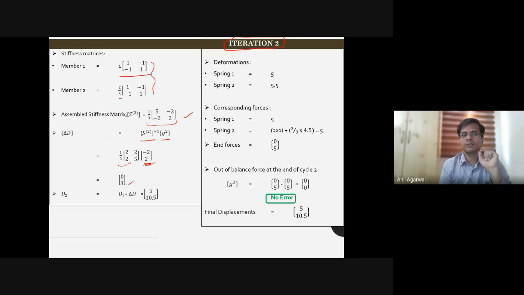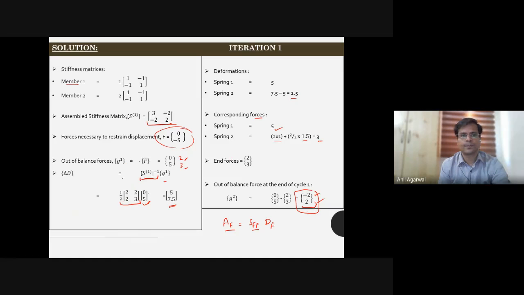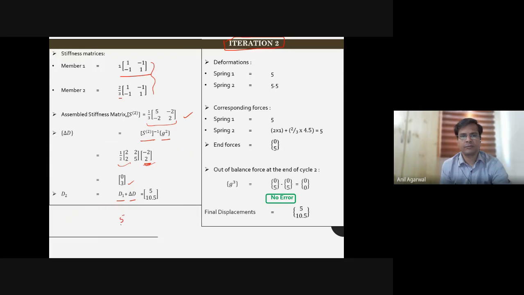So the total deflection will not be 0, 3. The total deflection will be whatever I got in the first iteration plus the new deflection. The first iteration deflection was 5, 7.5, so this will be 5, 7.5 plus 0, 3. That is basically 5, 10.5.